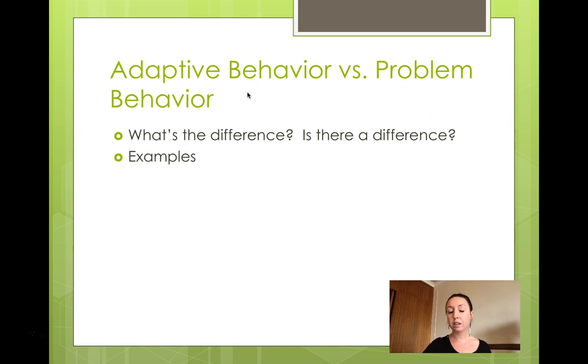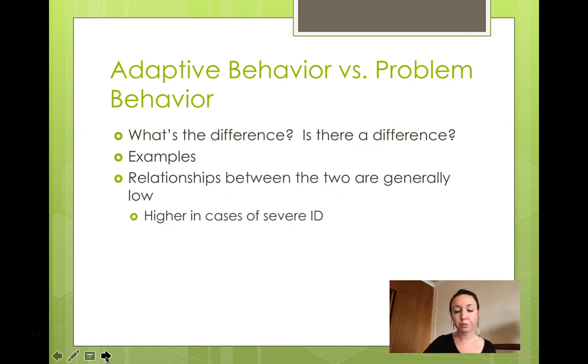So if a person can't communicate effectively or doesn't have an effective communication system in place, that would be a deficit in adaptive behavior that has led to a problem behavior. So the two things are very similar, but it's really important to make sure you understand the difference and see where problem behaviors can sometimes crop up if adaptive behaviors aren't planned and supported appropriately.